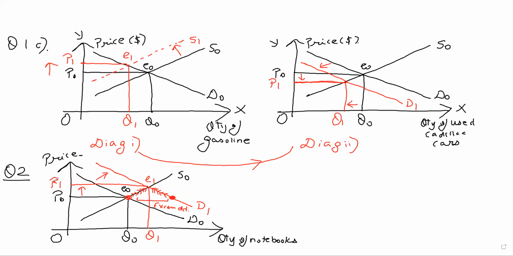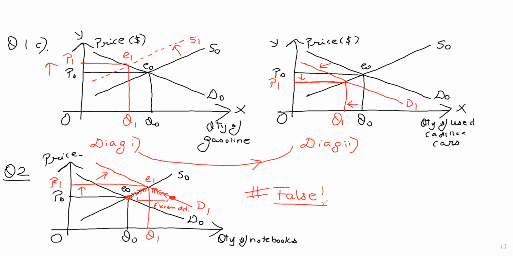Quantity supplied is going up along the same supply curve. Because of an increase in demand, quantity supplied is going up. But the supply curve is the same. So that means in question 2, the answer is false. And then you will explain the diagram, just as you know how to explain.